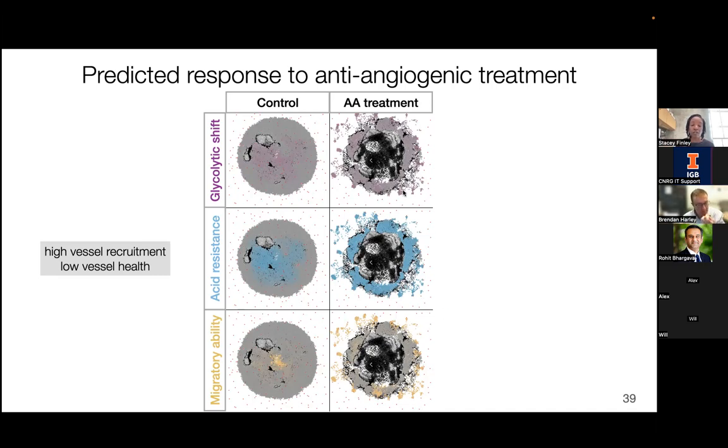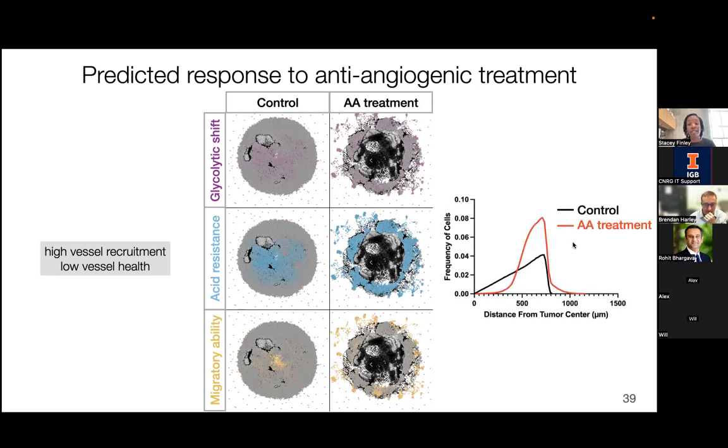So it certainly influences the recruitment of blood vessels, but it has this effect of allowing the cells to evolve and move out of the center of the tumor into the surrounding local microenvironment.